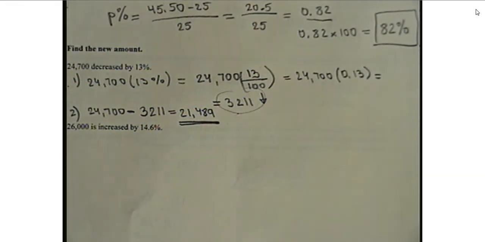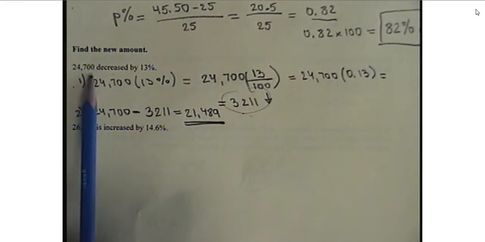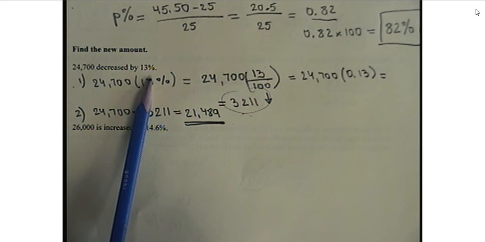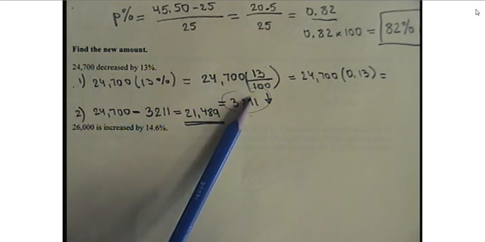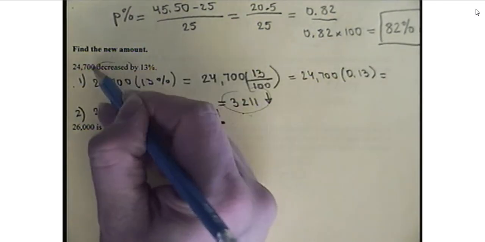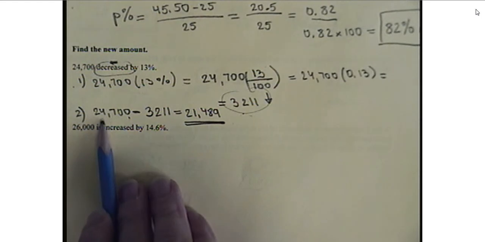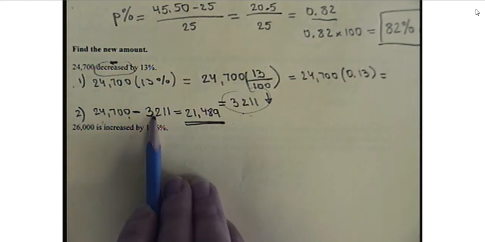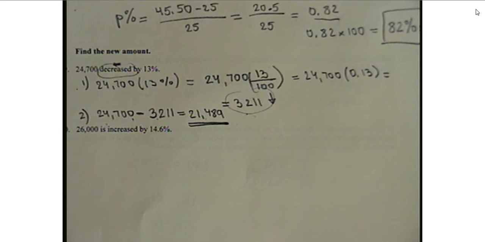So the two important steps here, in order to find out if one amount decreased by a certain percentage, you have to multiply those two numbers. When you get the answer, because it says decreased, you're using a negative sign. You subtract from the first amount the second one that you calculate in order to get the decreased actual amount.